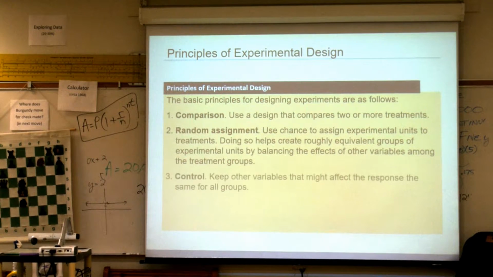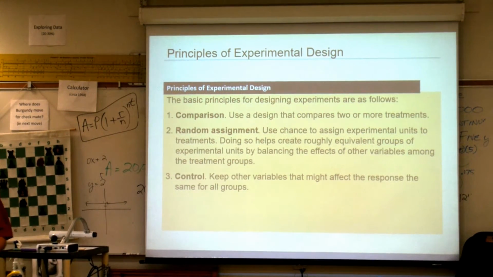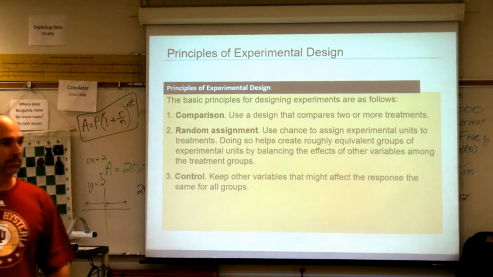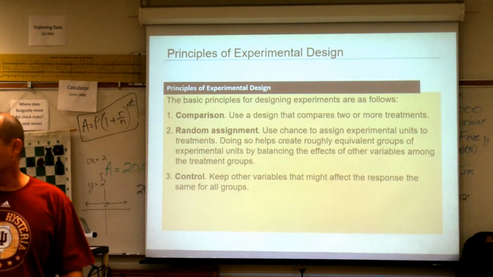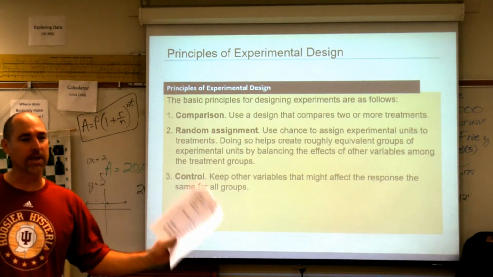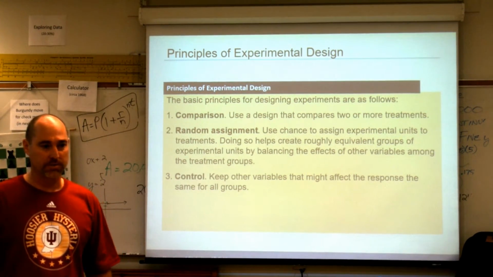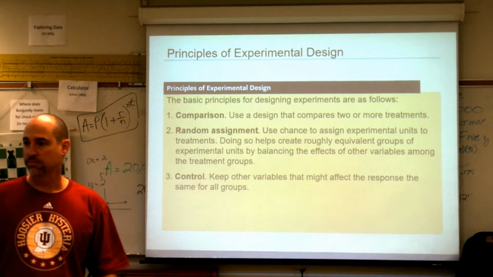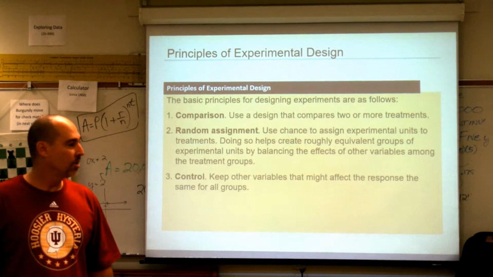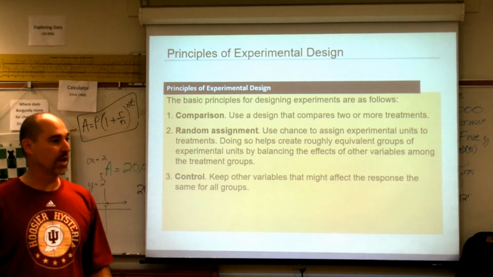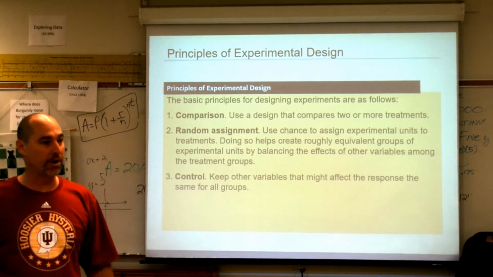Third thing is control. Let's go back to the birdie example. The crossbill bird. What was one of the confounding variables that I mentioned? Predators. So suppose we close off these birds and we protect them from predators.